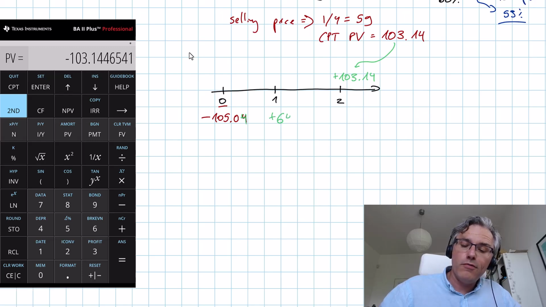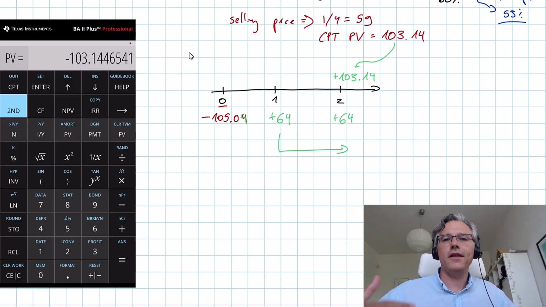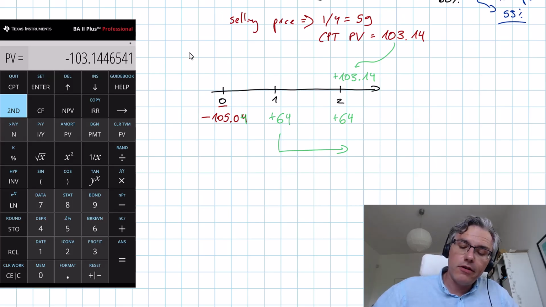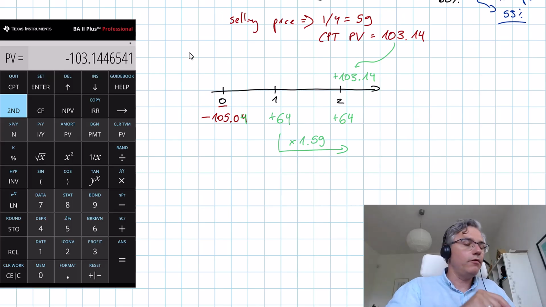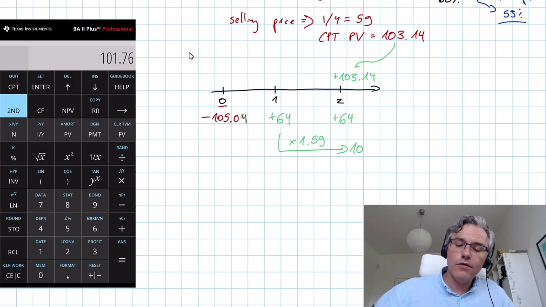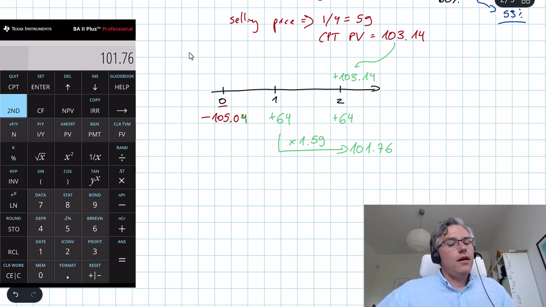Over here we get a coupon of 64. Over here we got a coupon of 64. But this one has an opportunity to get reinvested and accrue some value. This time, however, at a rate of 59% only, so times 1.59 to get that future value after one additional year. 64 times 1.59, okay, 101.76.